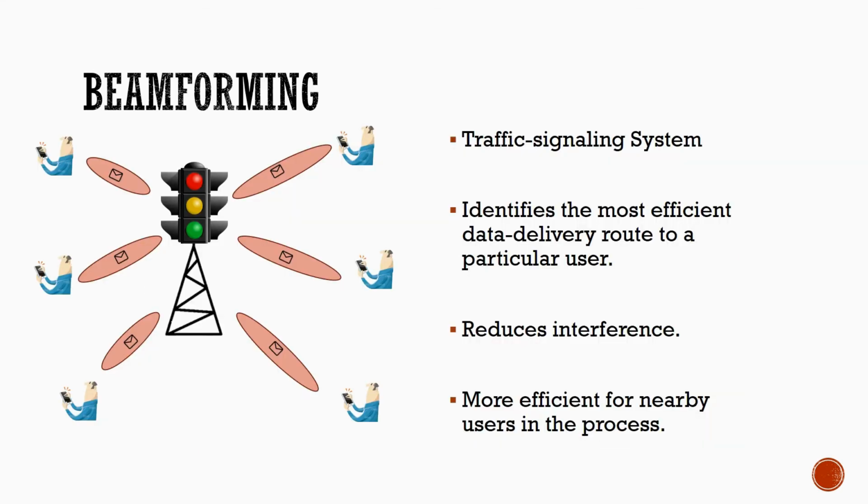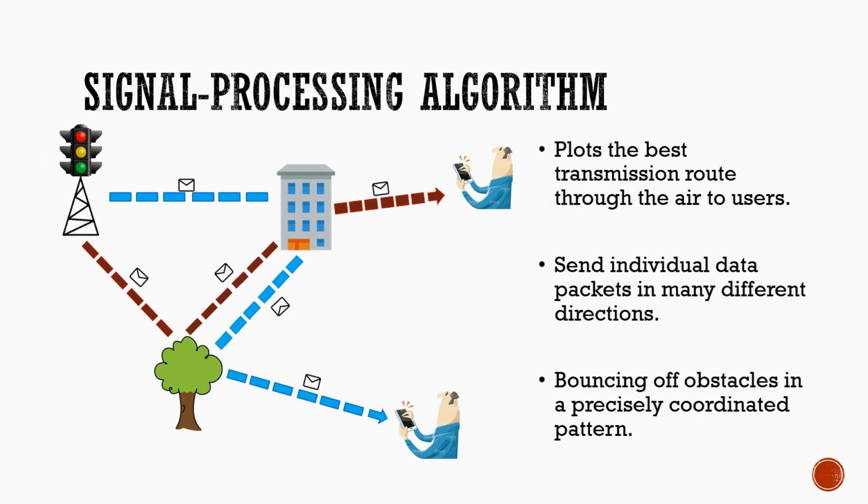Beamforming is a traffic signaling system for cellular base stations that identifies the most efficient data delivery route to a particular user, and it reduces the interference and is way more efficient for nearby users in the process. By doing so, we need to implement the signal processing algorithm in the massive MIMO base station. This signal processing algorithm plots the best transmission route through the air to each user.